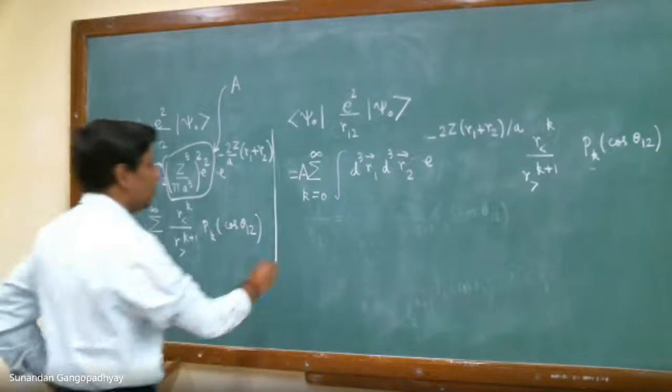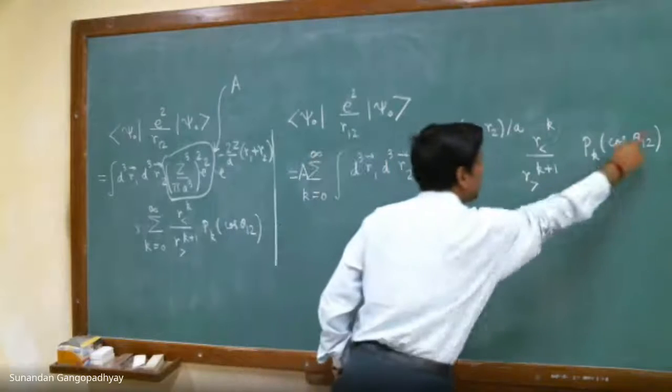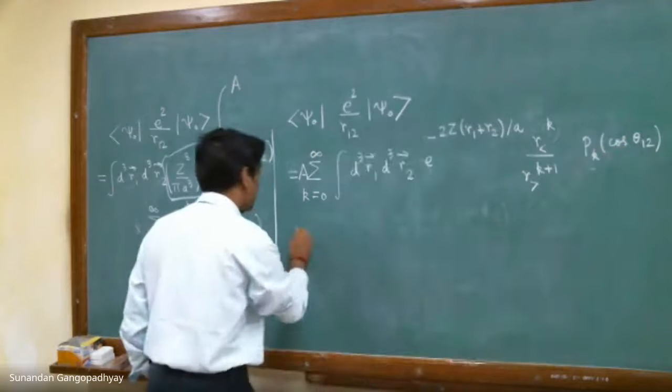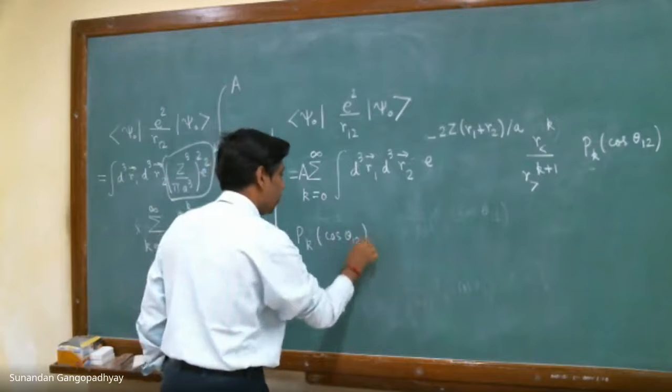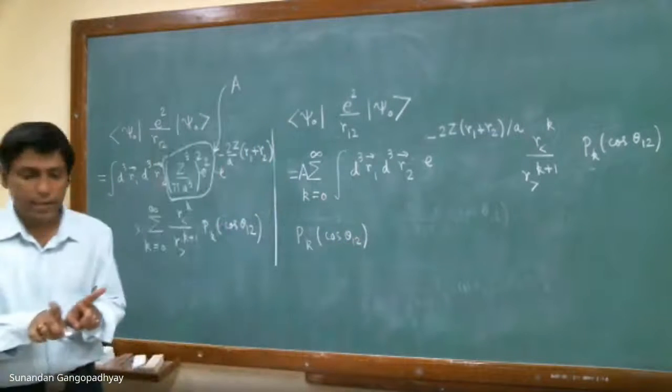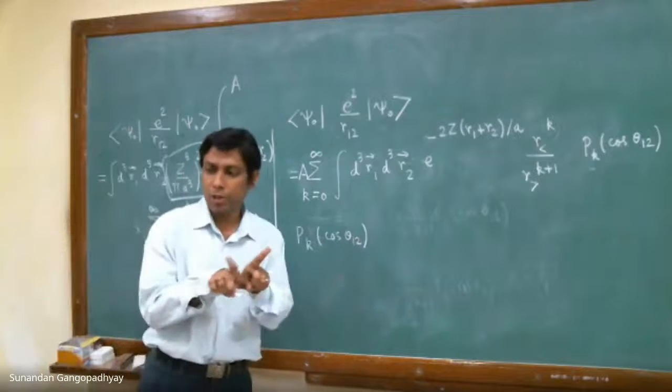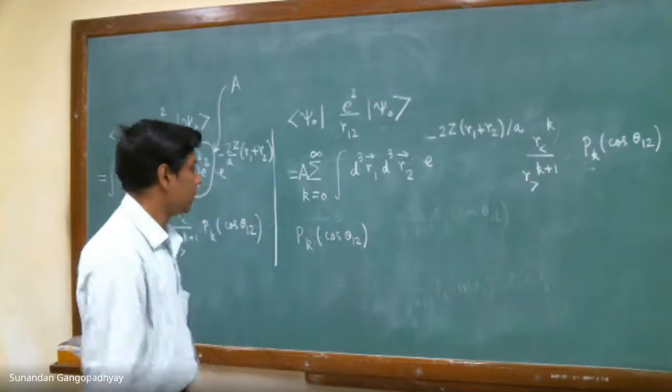But there is a nice expression for these Legendre polynomials, pk cos theta 1 2, where theta 1 2 is basically the angle, as I mentioned, between the two vectors r1 vector and r2 vector.